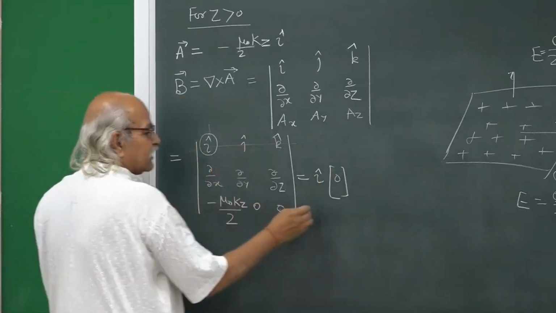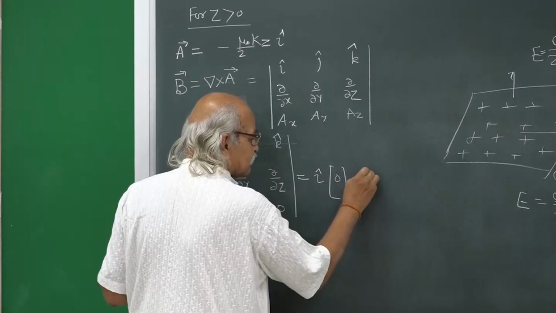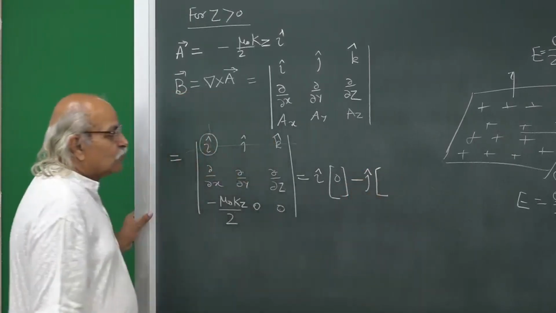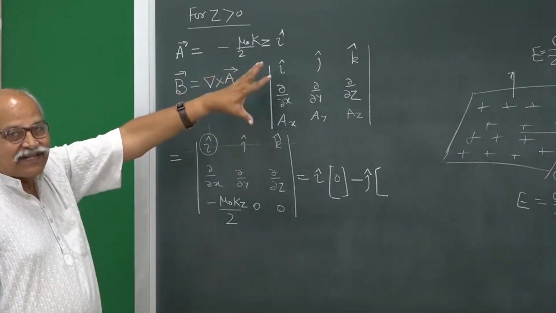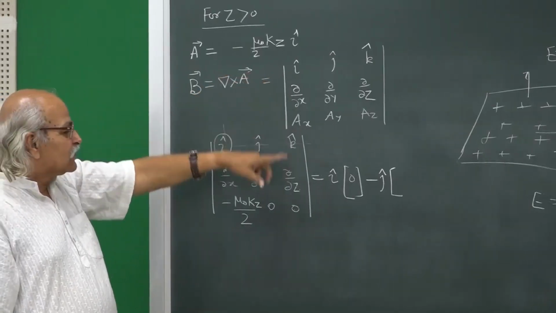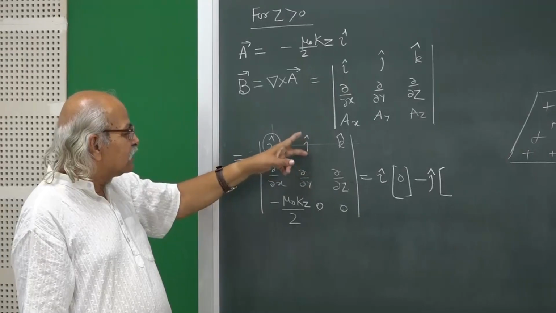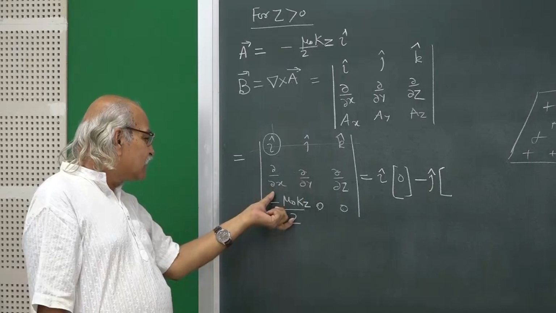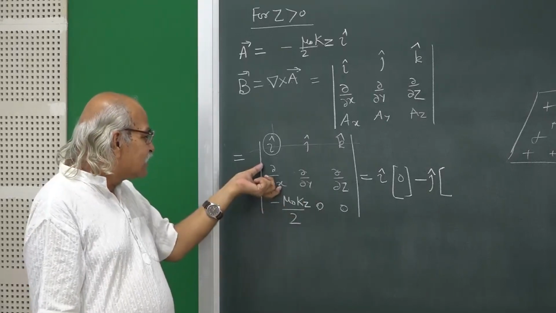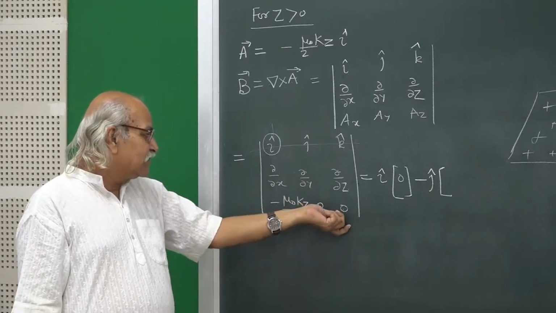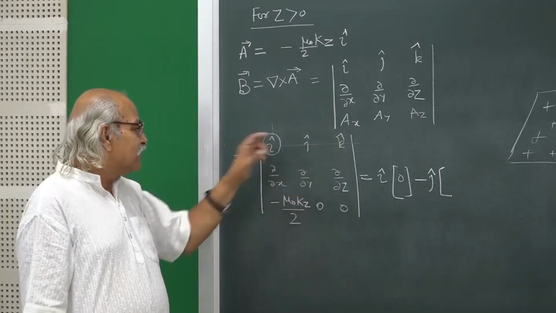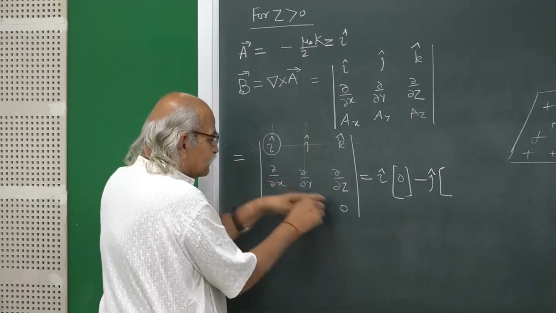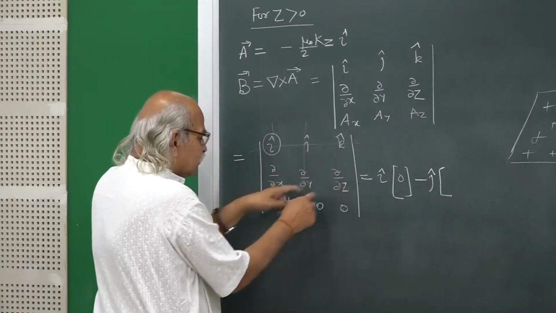Then you have minus j cap. I hope you remember how to open up a determinant in algebra. Either you can write plus j cap and then del z of this quantity minus del x of this quantity, or you write minus j cap, omit the rows and columns and then you have del x of this minus del z of this.